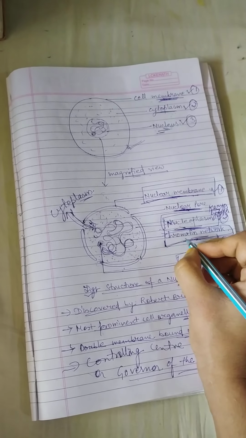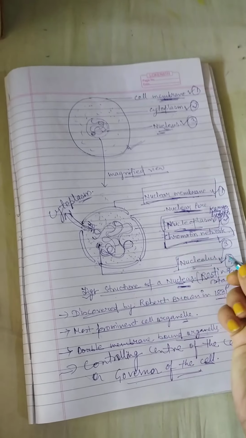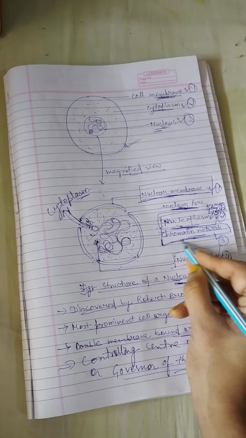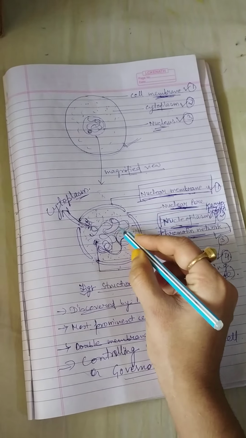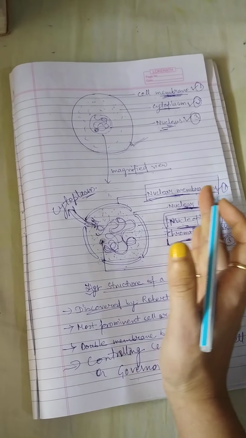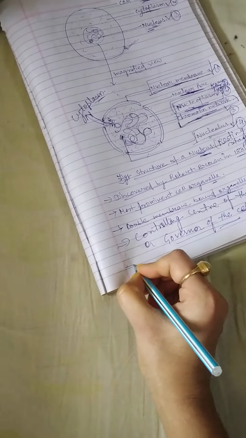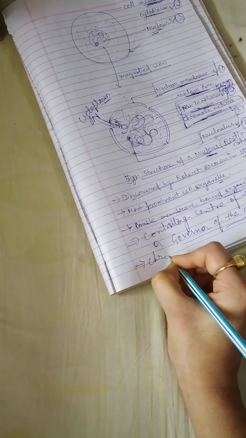When the nucleus is about to divide, at that time these chromatin fibers, these thread-like structures, will come closer to each other and form rod-shaped structures, which are known as chromosomes.